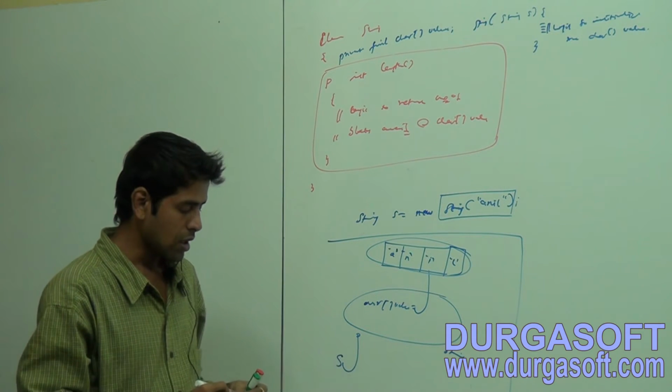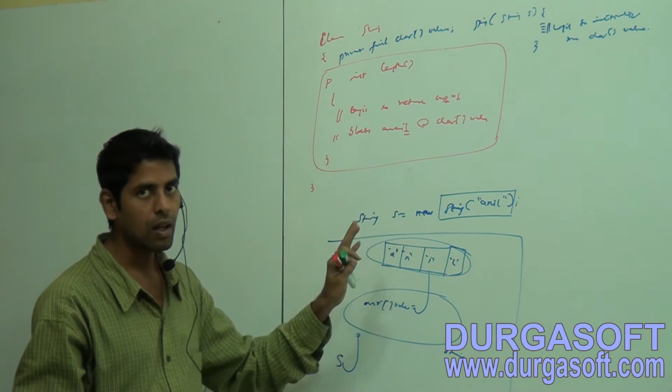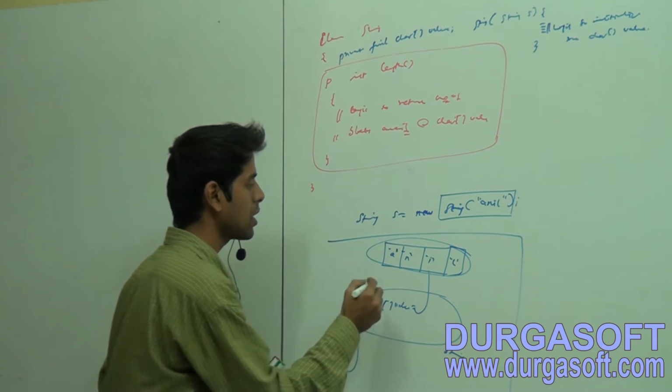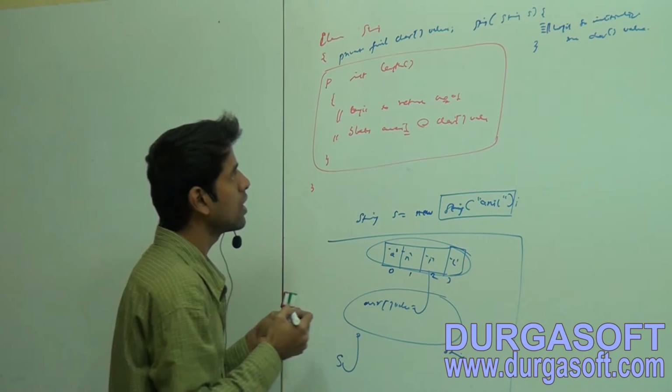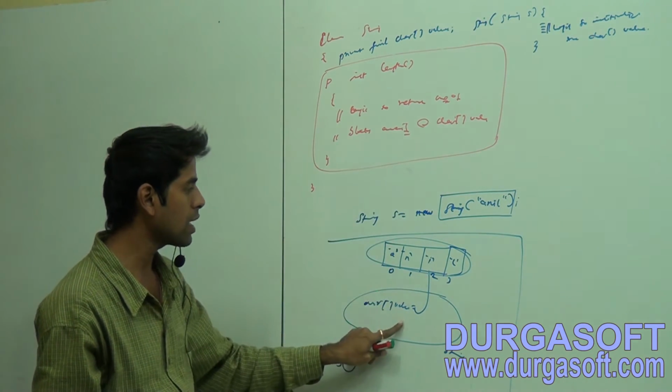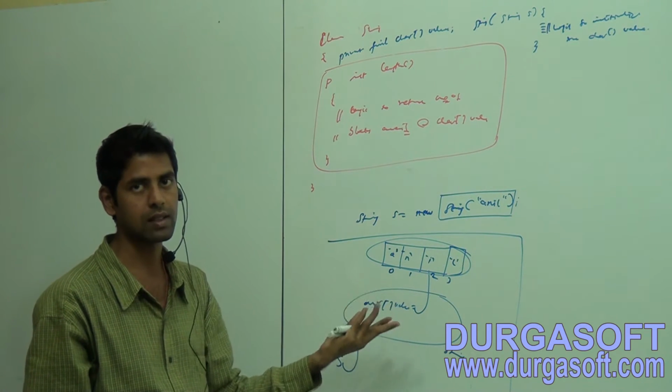If I use the predefined length method of the String class, it will give the answer 4. We know that it returns the number of blocks available at the char array: 0, 1, 2, 3. It will return 4 as the answer.